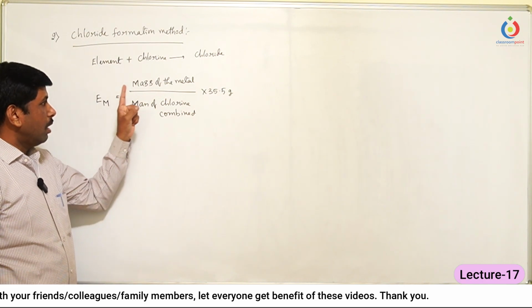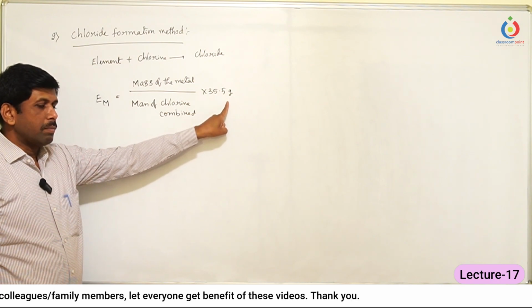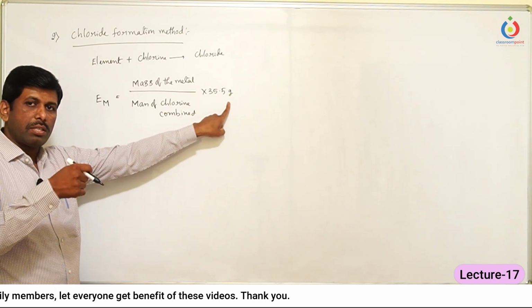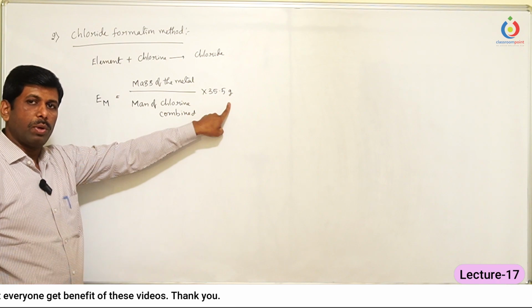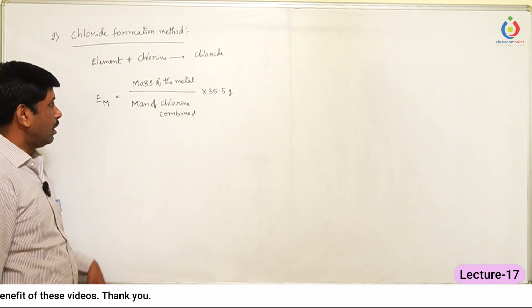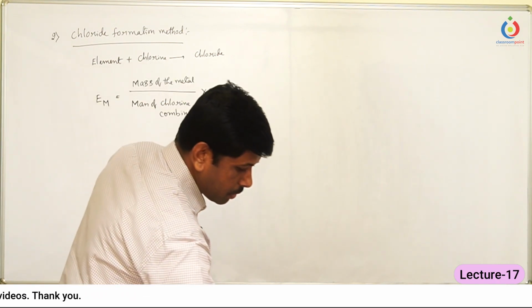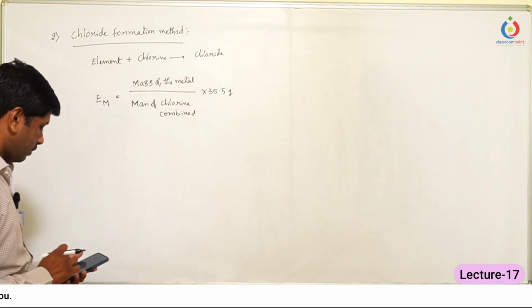That means with 35.5 grams of chlorine, whatever mass of the element reacts, that is the equivalent mass of that particular element. Now let us see some questions using this formula.